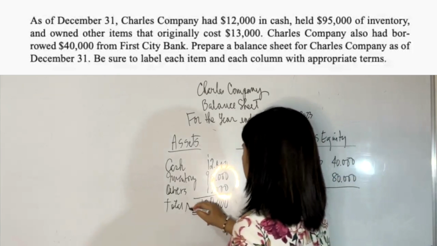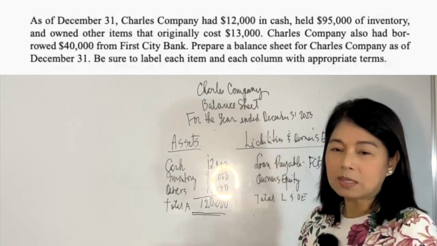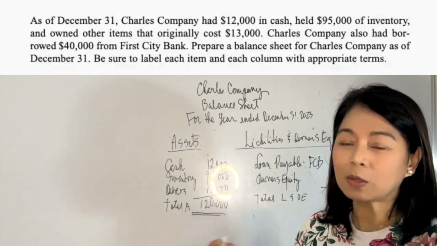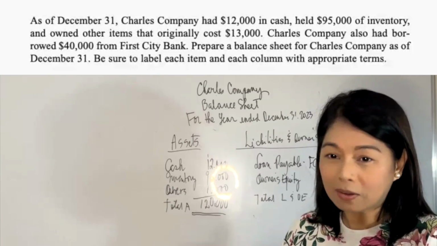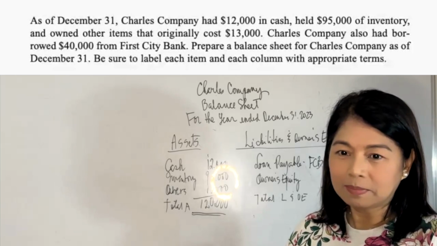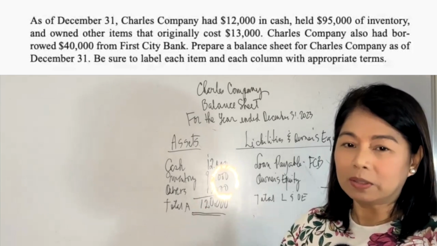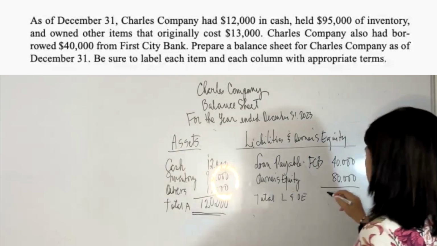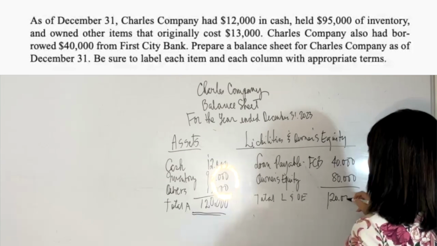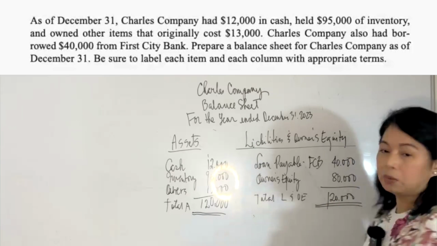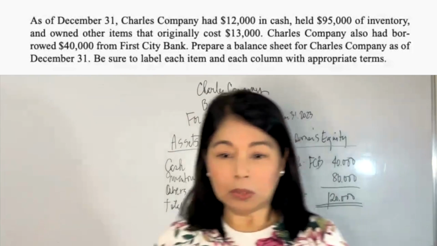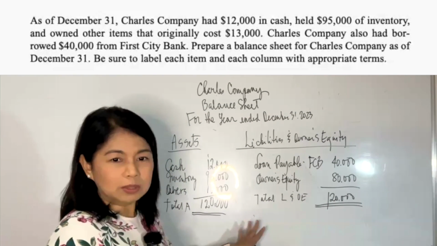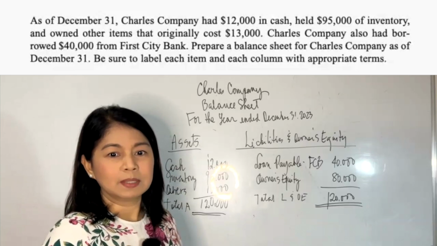Here, total asset. In the exam, don't say total A. This is only from the professor because I know accounting. But you are trying to learn accounting, so don't give me total A, but total assets. And you know, double rule is very important, meaning double rule, then the story is done.